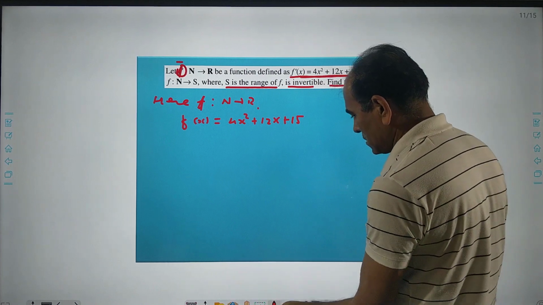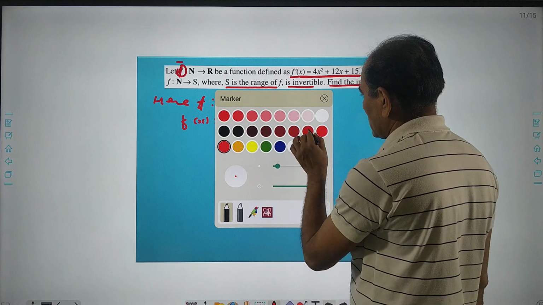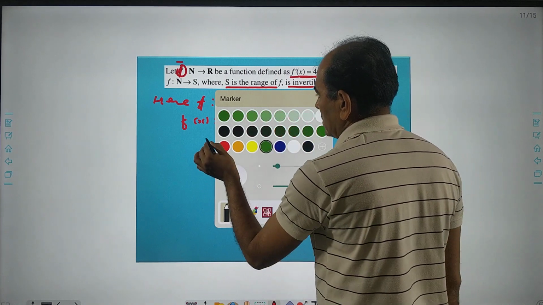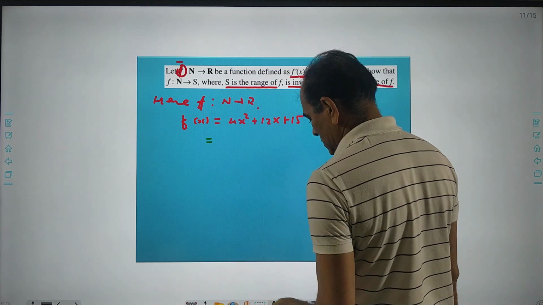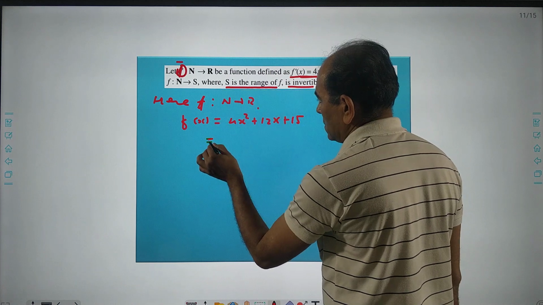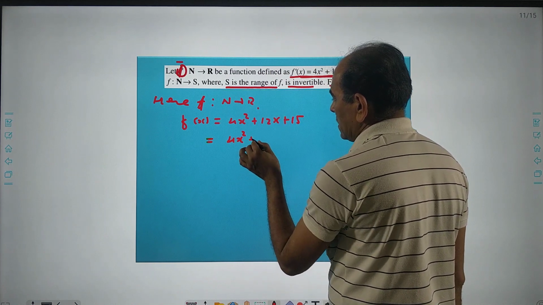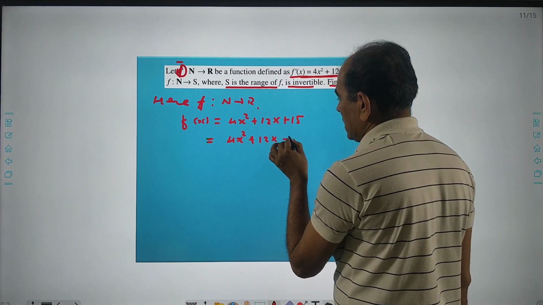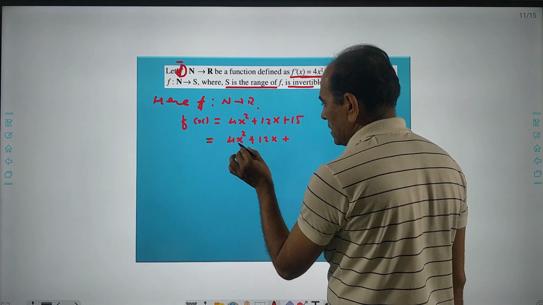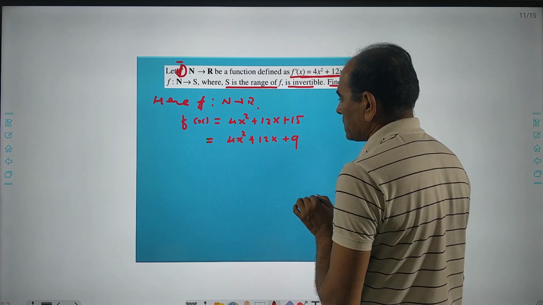Now the most important thing here. Let us see. Make it a perfect square. 4x² + 12x, so this one is (2x) whole square. So here we need to add 9.